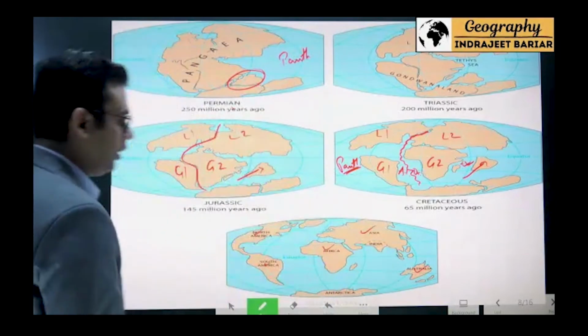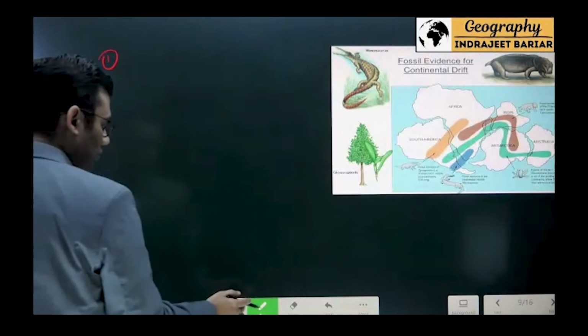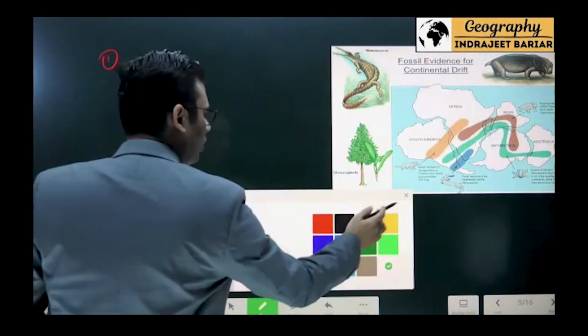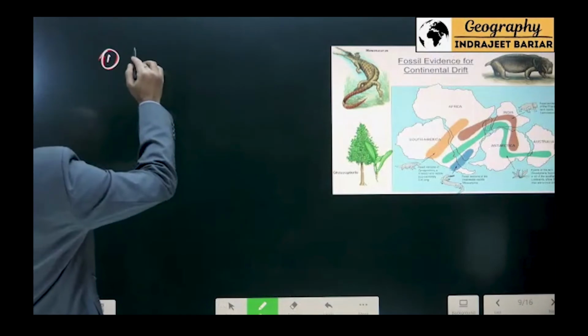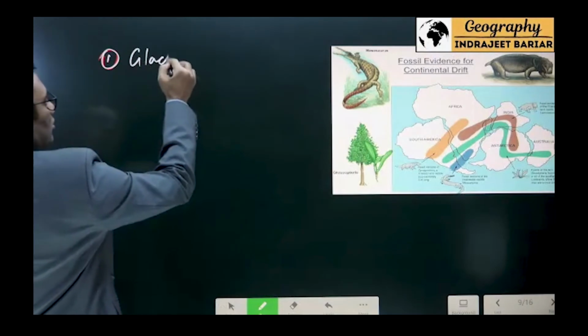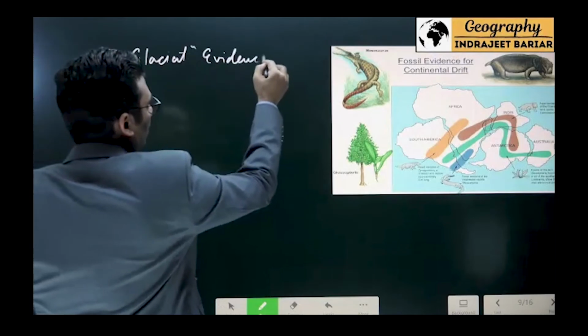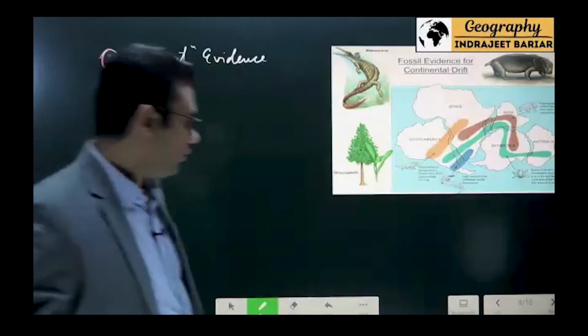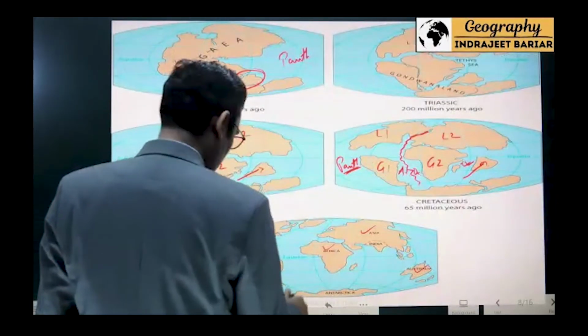So when we say continental drift theory, now continental drift theory के evidences, when we talk about evidences, the first evidence that comes up, okay, all this list is given anyways in your handout. So first is glaciation evidence. Glaciation evidence में in this whole region.